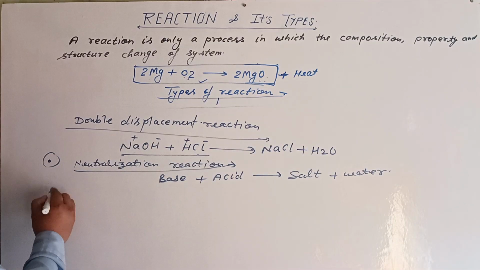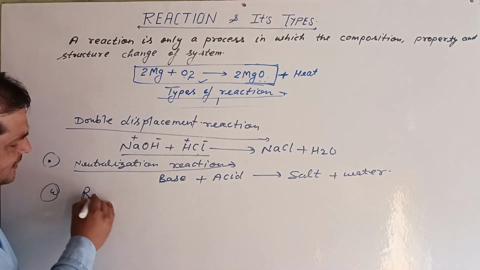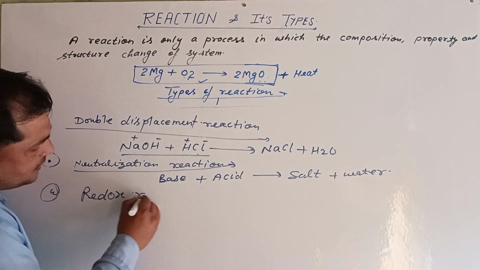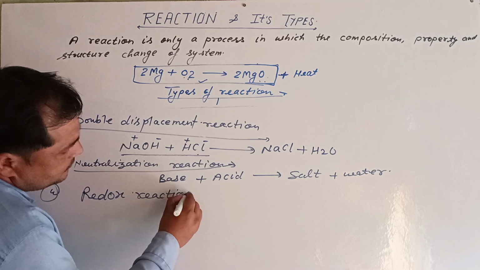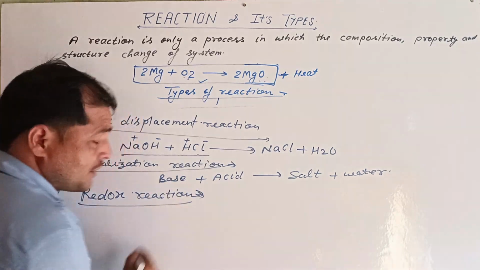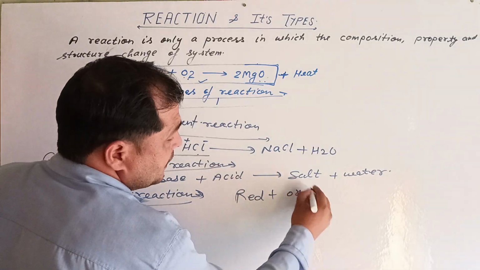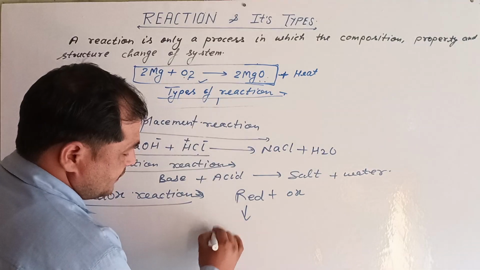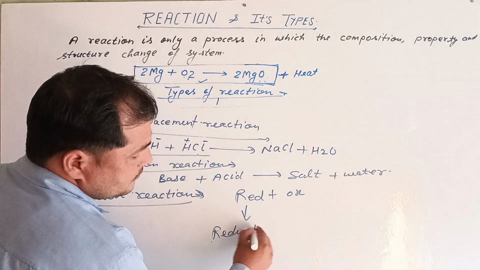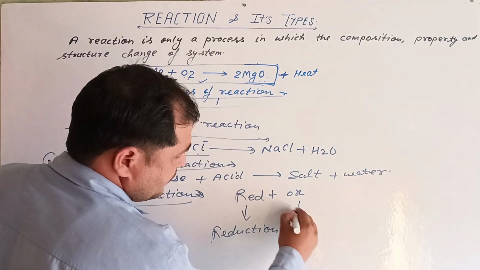Now let us go forward. Redox reaction. The reaction redox is red plus ox: red from reduction and ox from oxidation.